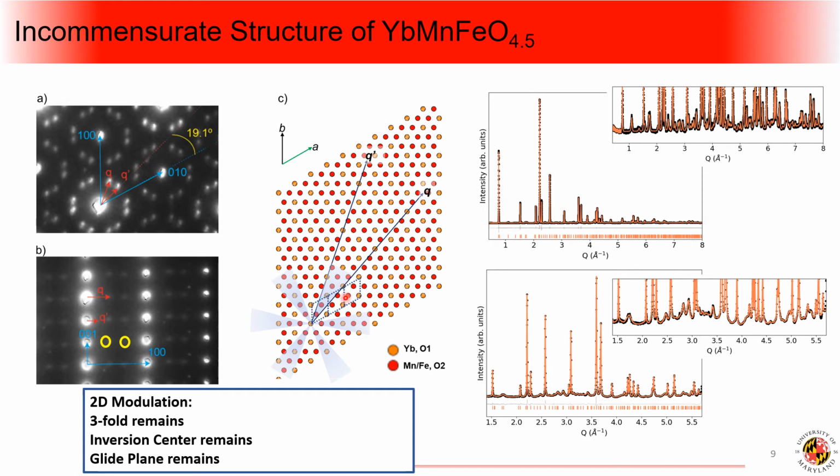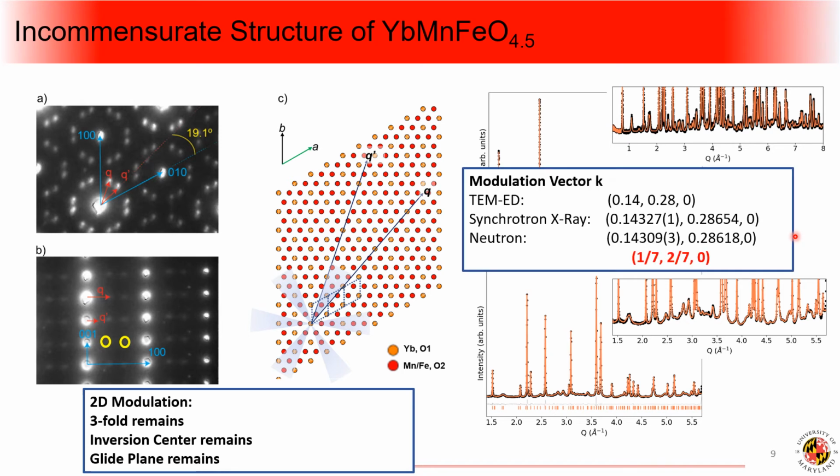We also measured the modulation vectors on the electron diffraction patterns, and we indexed the modulation vector on both neutron diffraction and synchrotron X-ray diffraction. The values of the modulation vector we get are very similar to each other from different measurements, and the values are very close to the integers 1/7, 2/7, and 0.